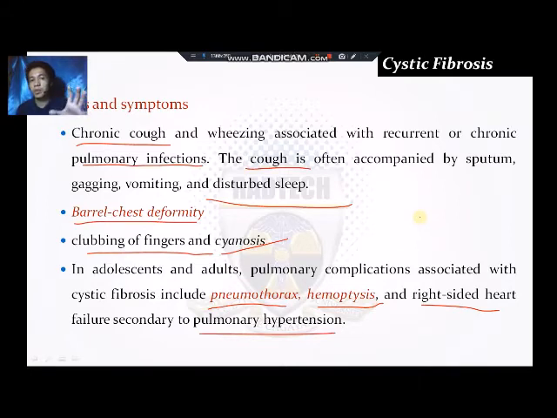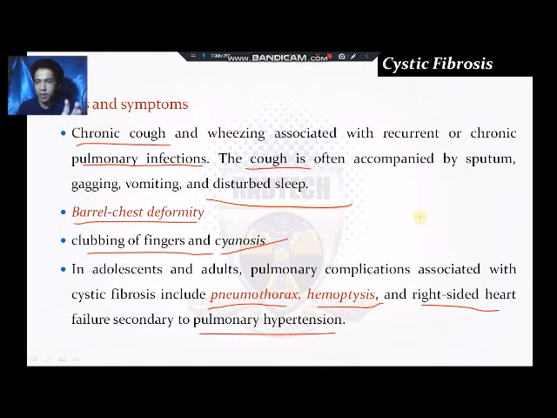So mag-hypertrophy sila, magdagko sila, and sometimes it can cause pulmonary hypertension, na taas na kayig tension sa imuhang blood vessels within the pulmonary tract.